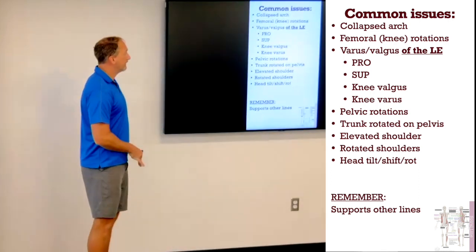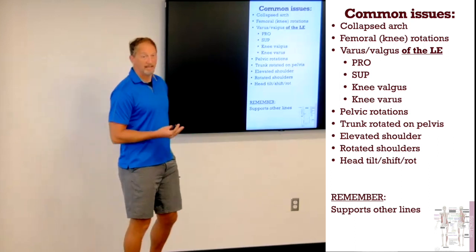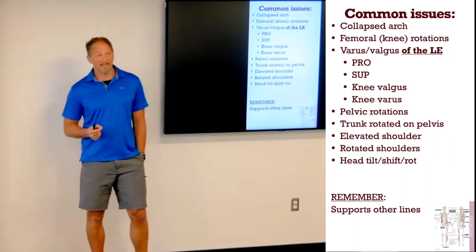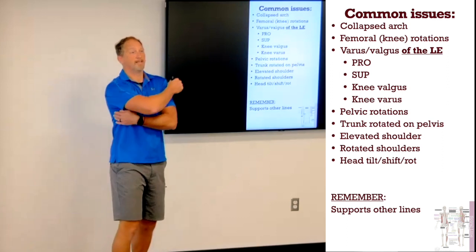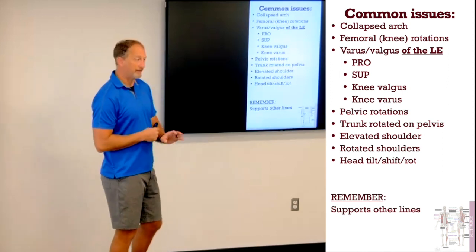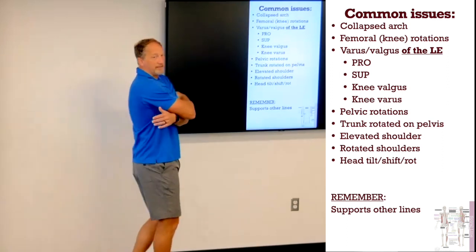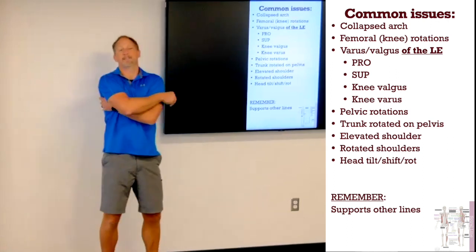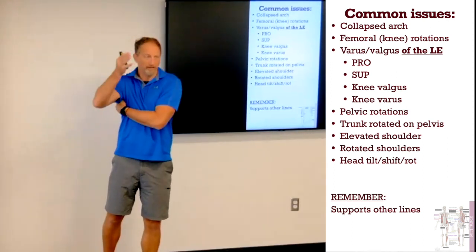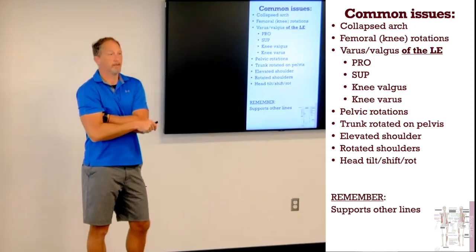Now, the nice thing is, unless the spiral line issue is isolated to the serratus and the rhomboids, if it's any other tissue in the spiral line, you have another line associated with your problem.